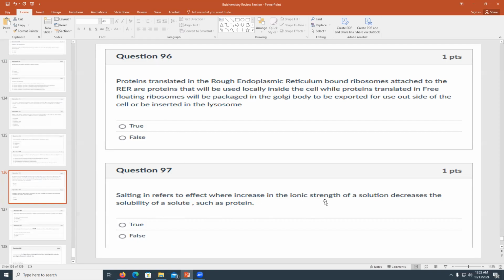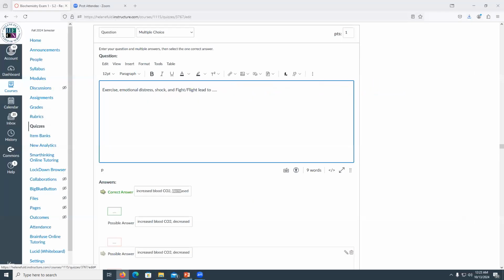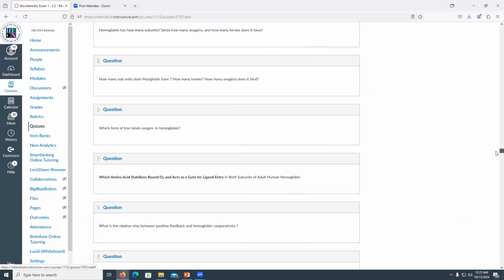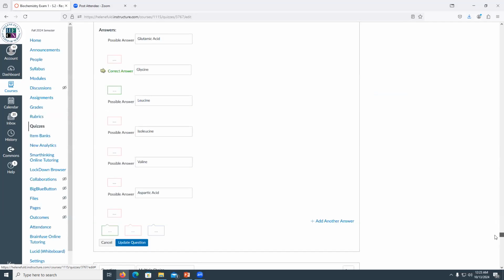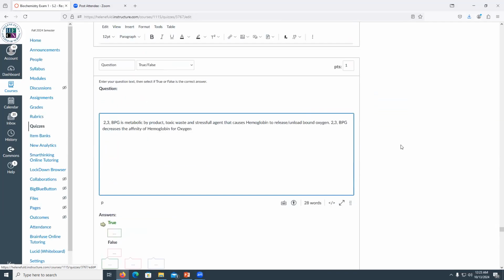Salting in refers to the effect where increasing the ionic strength of a solution decreases the solubility. So that is salting out. Salting in increases the solubility. Salting out decreases the solubility, and that's going to crystallize our protein of interest. 136, so it's false.